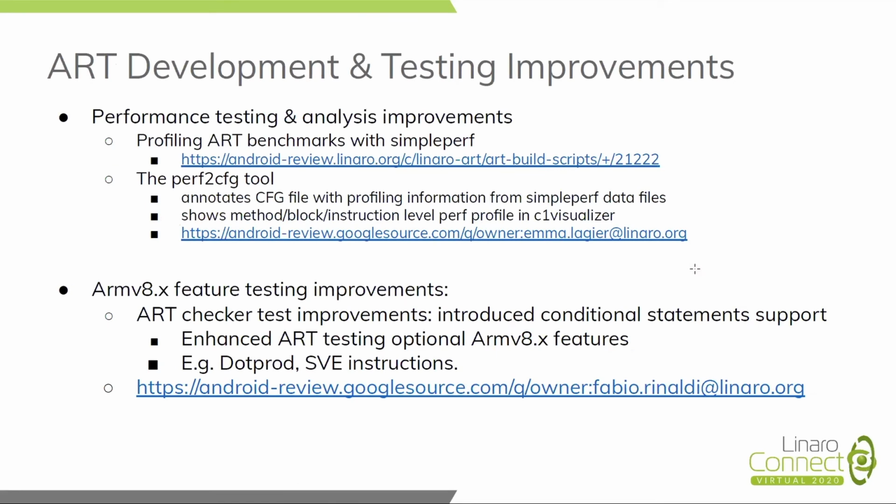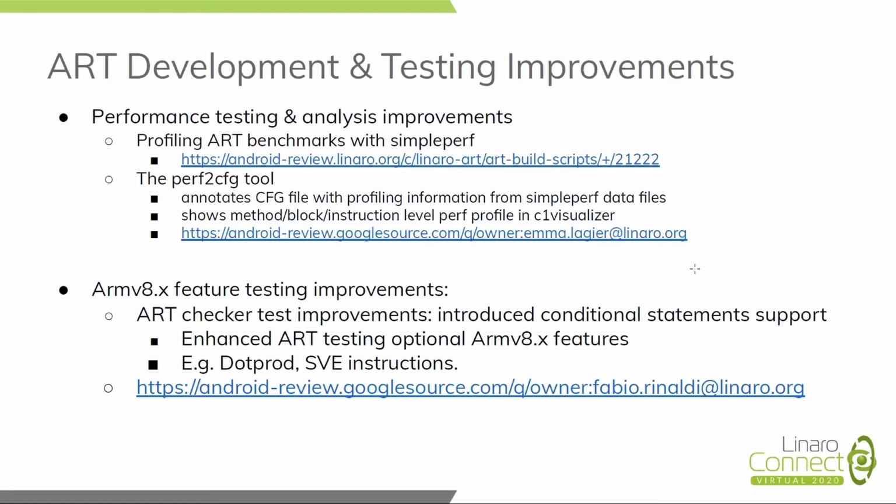Another highlight of our work is the ART development and feature testing improvement. I've been working in ART for several years, but this year I feel that the tools and the development support are much improved with all the tools we've contributed, especially on testing the new architecture features. We've done a lot of work there to make sure that ART is ready for testing and developing new architectural features.